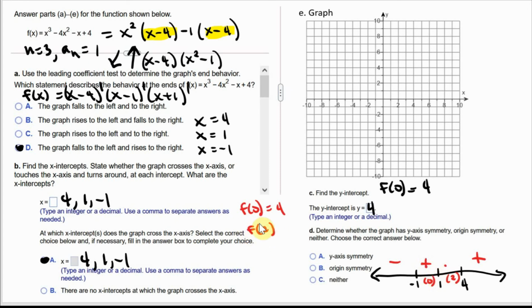f of 2, again, I'm just looking for the sign. You plug in x equal to 2, and that gives us 2 to the third minus 4 times 2 to the second minus 2 plus 4.